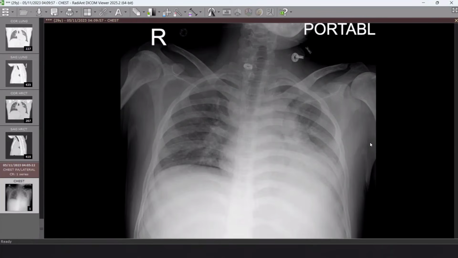Maybe there is cardiomegaly. Okay, agree, with decreased lung volume of the left side. Do you have any other abnormality on the left side?